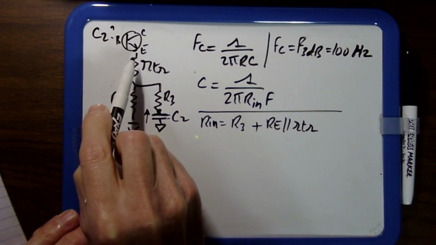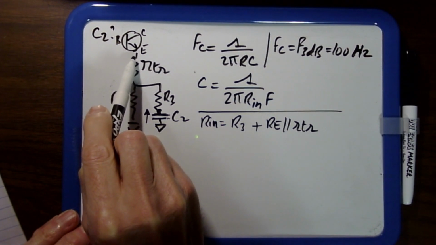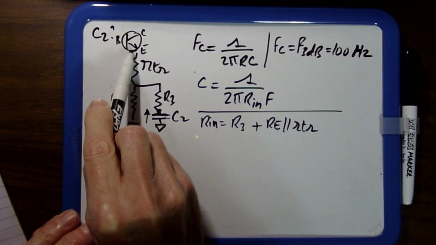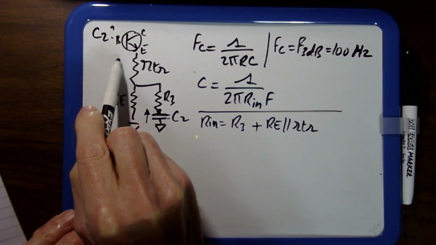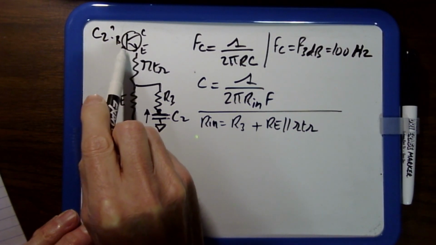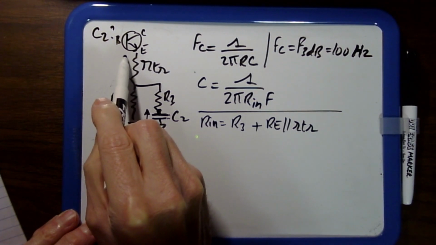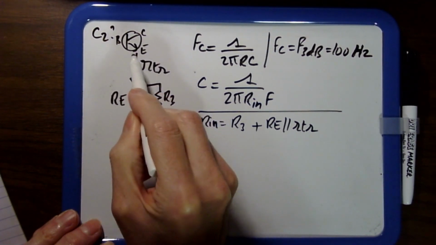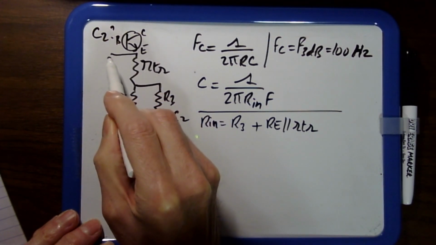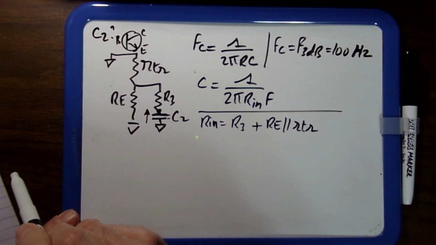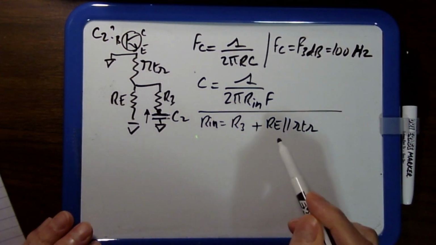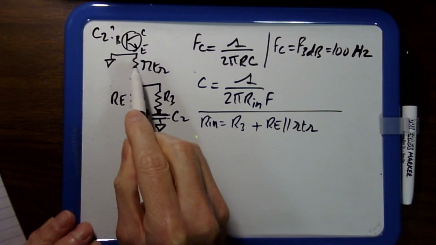Why is that? Because there's a constant voltage source here between B and E, so it's like a ground here. In AC analysis, here it's like a ground. So RE is in parallel with RTR.